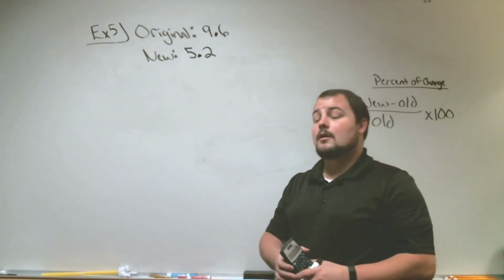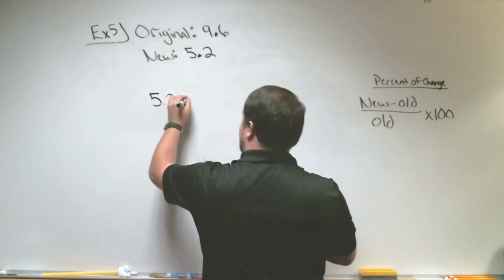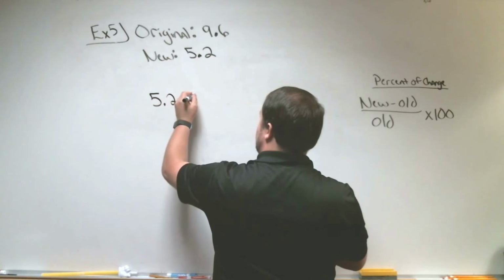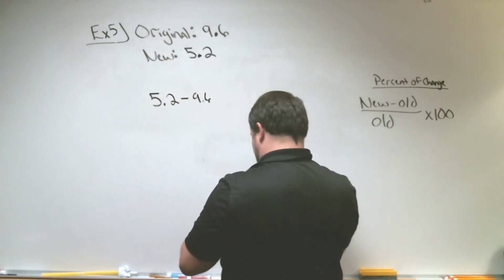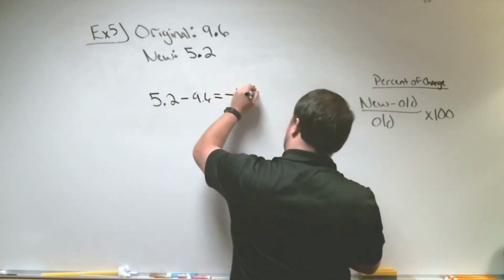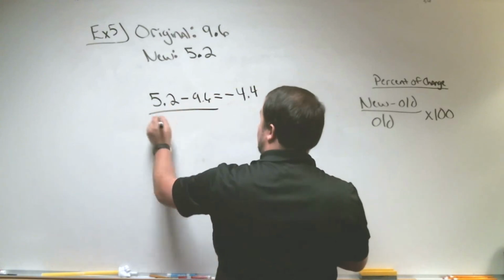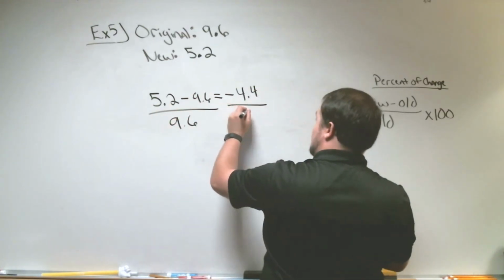It went down. So we're going to take the new number, which is 5.2. We're going to subtract 9.6. So 5.2 minus 9.6. And I get it equals a negative 4.4. We're going to divide that by the original amount.